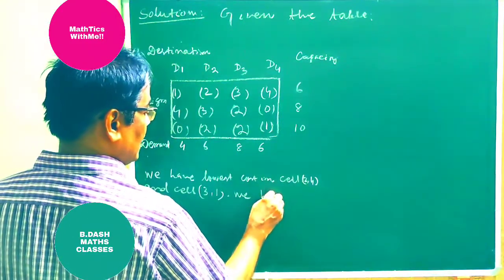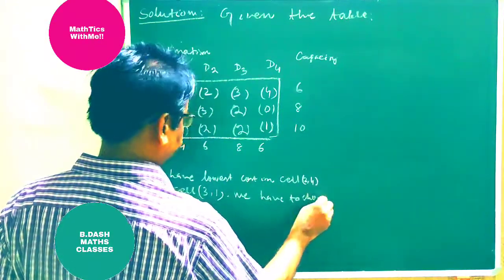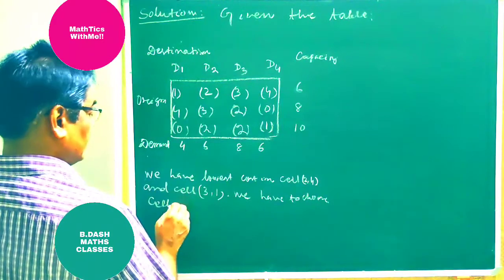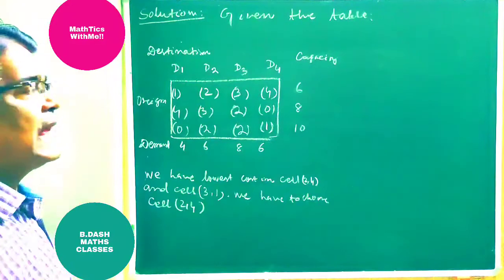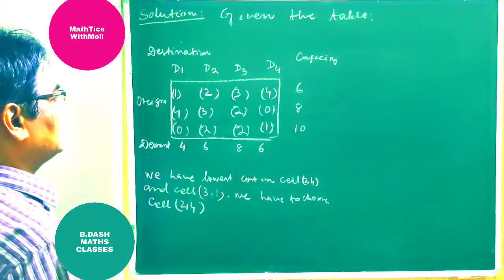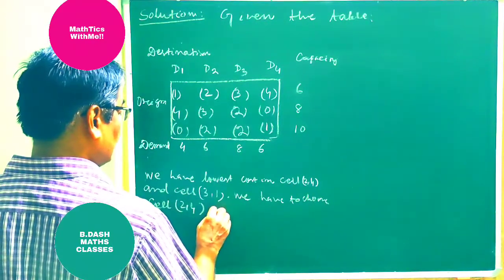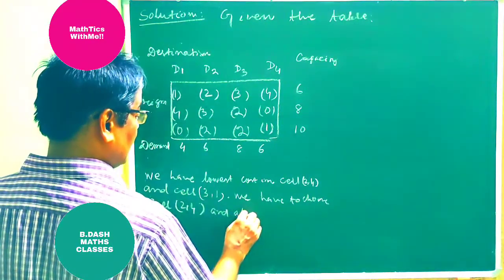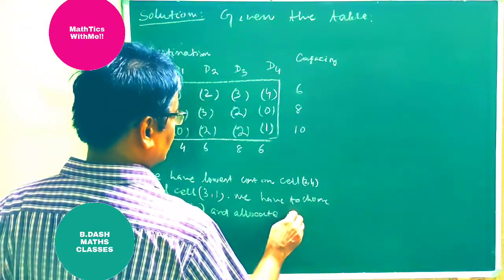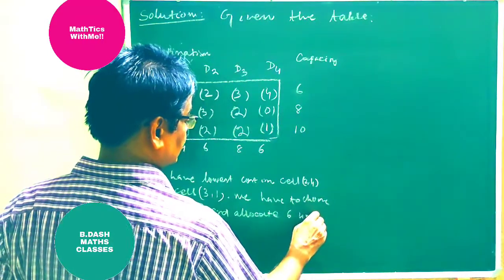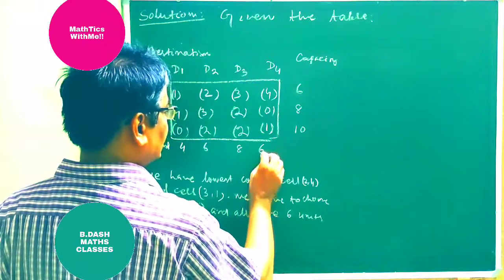We choose cell 24 because we can allocate the maximum amount here, that is 6 units.